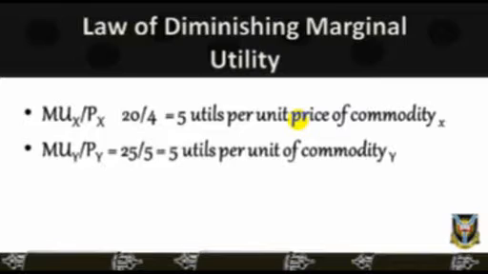Generally, as the price of one commodity drops in relation to the other commodity, more of the commodity is consumed, but a point will be reached where the ratio of marginal utility to the price of one commodity, MUX over PX, will be equal to the ratio of marginal utility to the price of the other, MUY over PY. This is the point at which the consumer will be indifferent, that is, he derives the same satisfaction from either commodity.